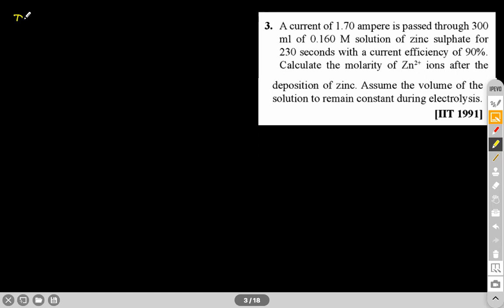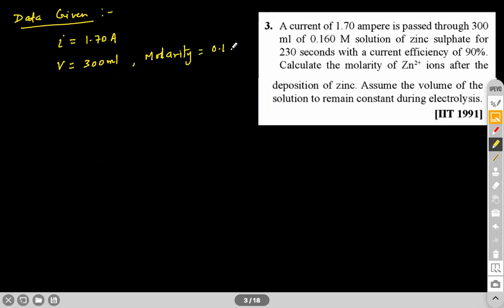The data given is I equals 1.70 ampere. The volume of the solution is given, that is 300 ml, and for this solution the concentration is given as molarity, 0.16 molar.